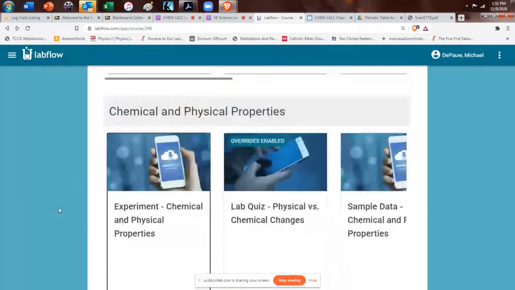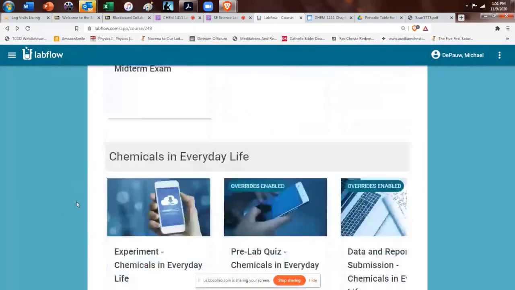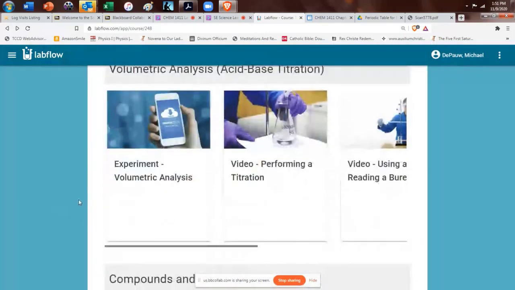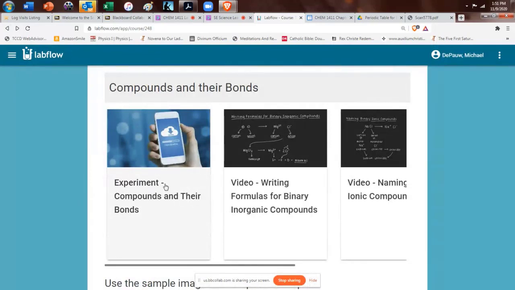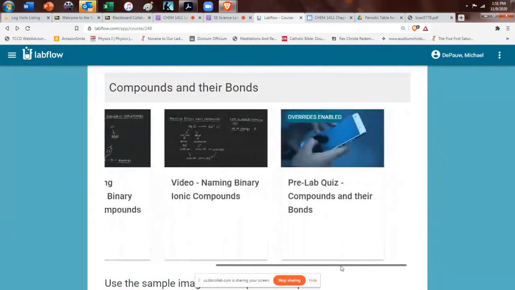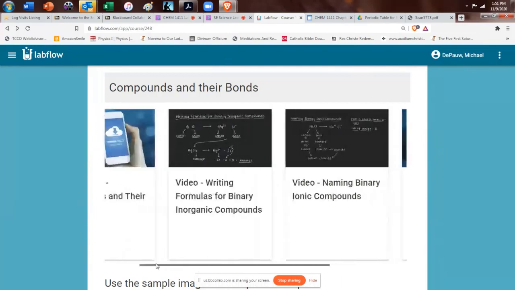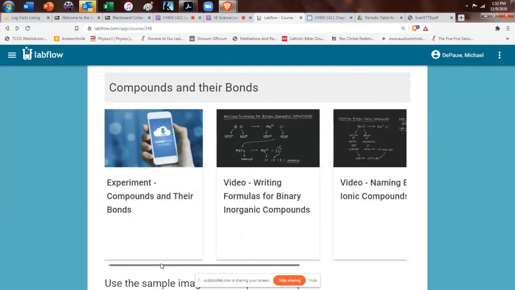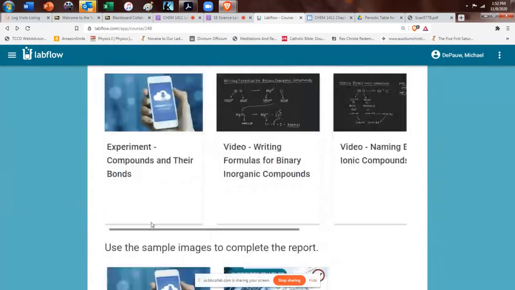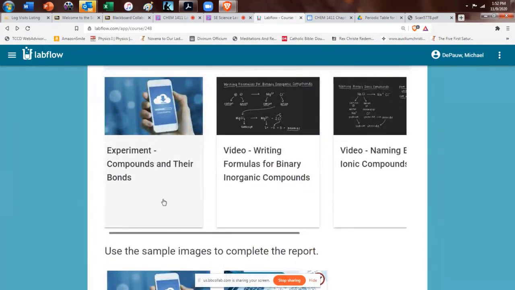In Labflow, if you go down to the compounds and their bonds lab, towards the bottom, you have the first line right here of everything from the pre-lab quiz to a video on how to name ionic compounds, etc., and covalent compounds. There's also the introduction that has that table 1.